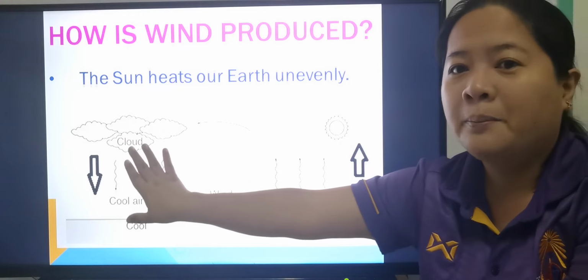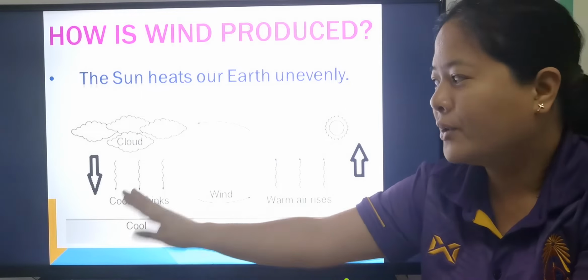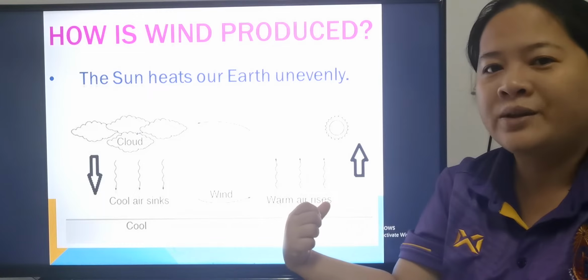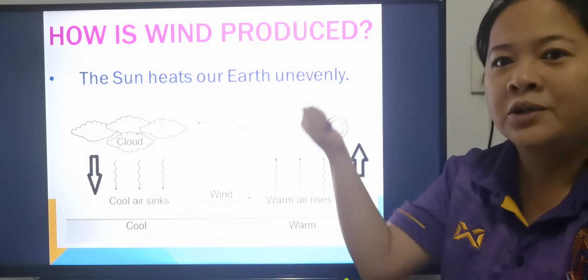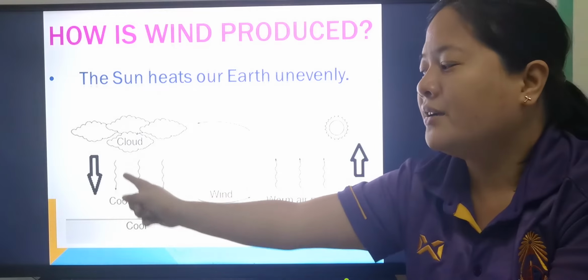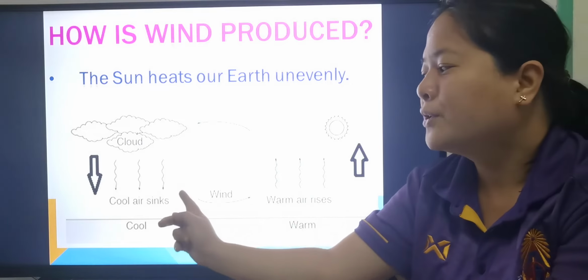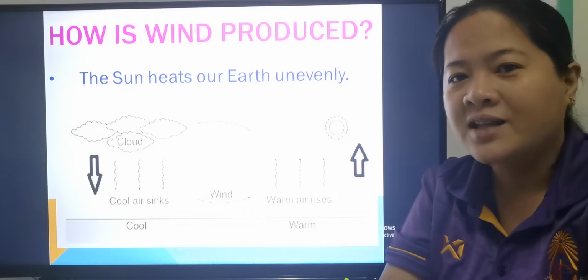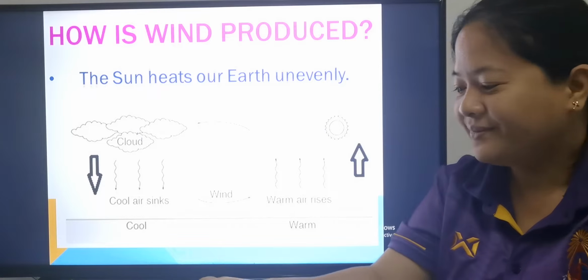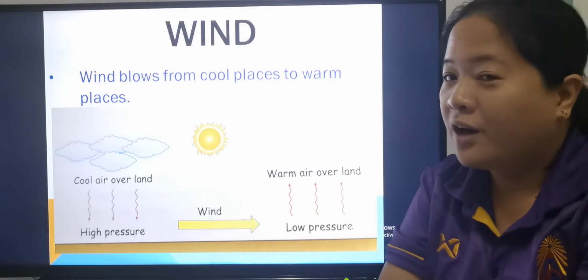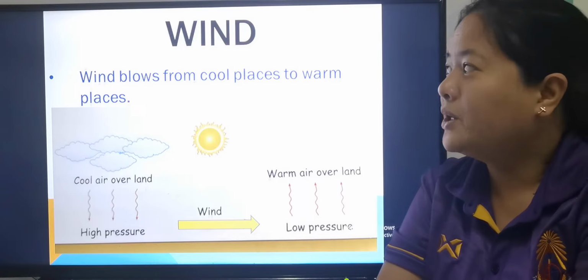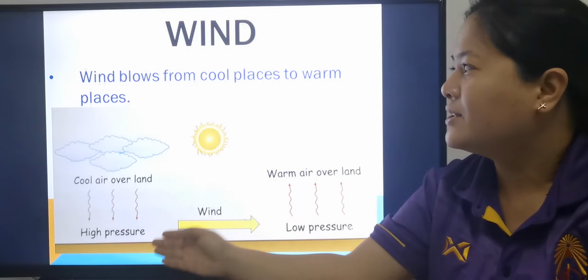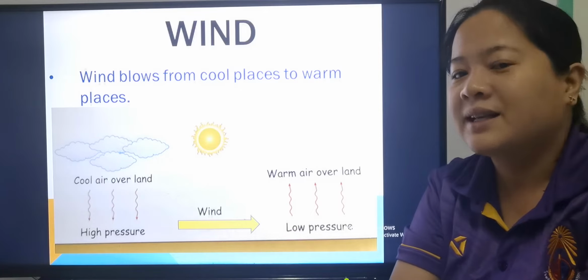So if in some parts it's still cold and in some parts it's already warm, the warm air will rise and then the cool air needs to take its place. Now there will be movement of air, that's called wind. We also studied that wind blows from cool places to warm places.